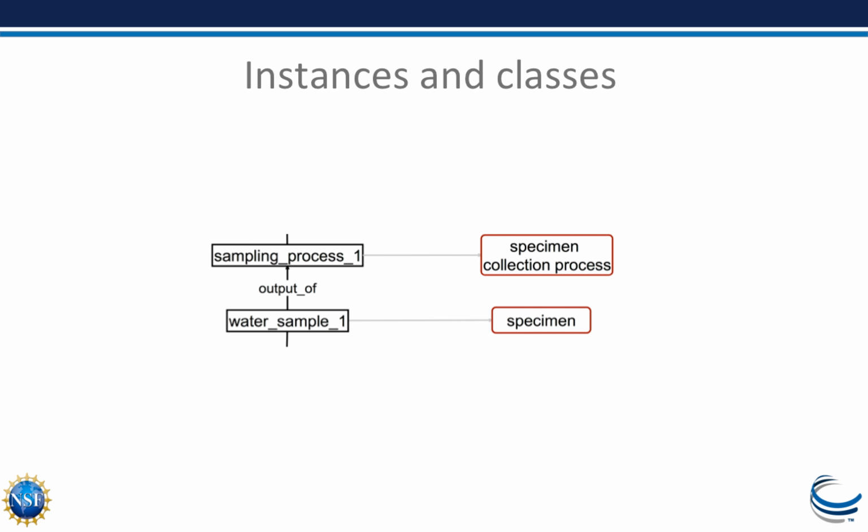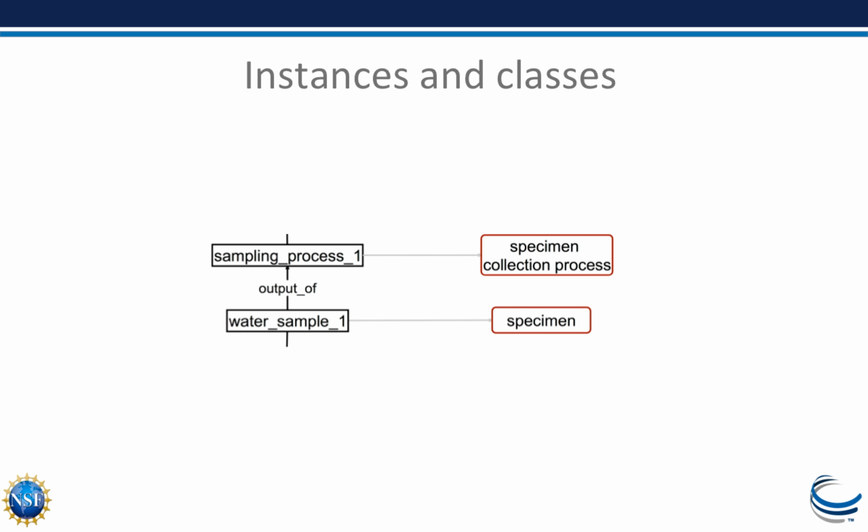So we have a class called specimen collection process that can be used to describe any specimen collection process. And then any actual process that happens in the real world, which we might label sampling process 1, is an instance of that class. Likewise, there's a class called specimen, but an actual sample that we've collected in the world, called water sample 1, is an instance of the class specimen.